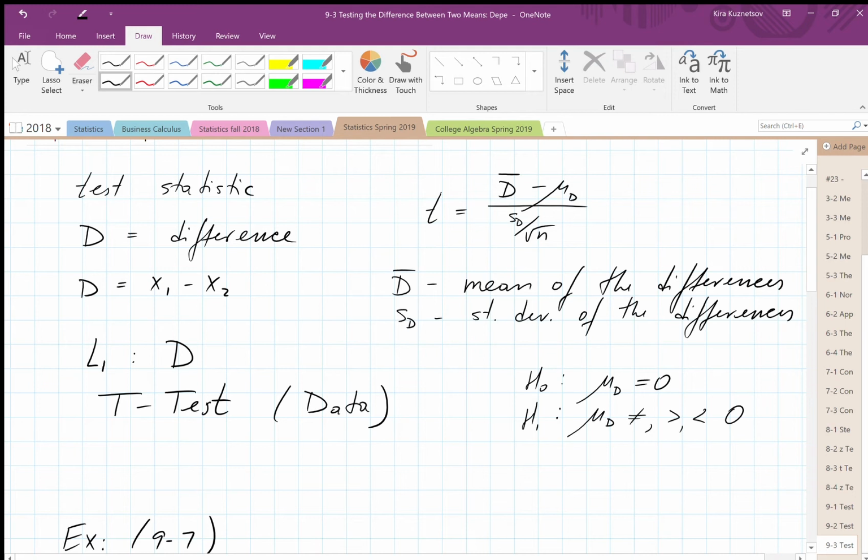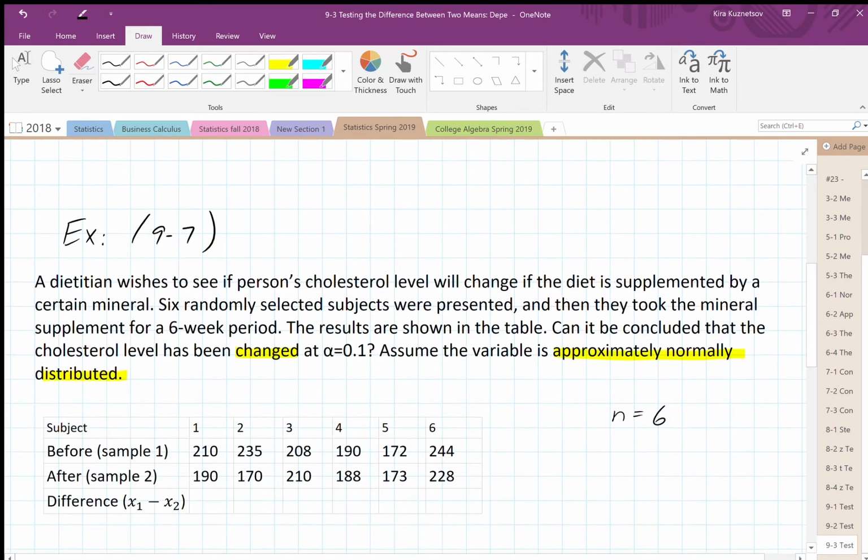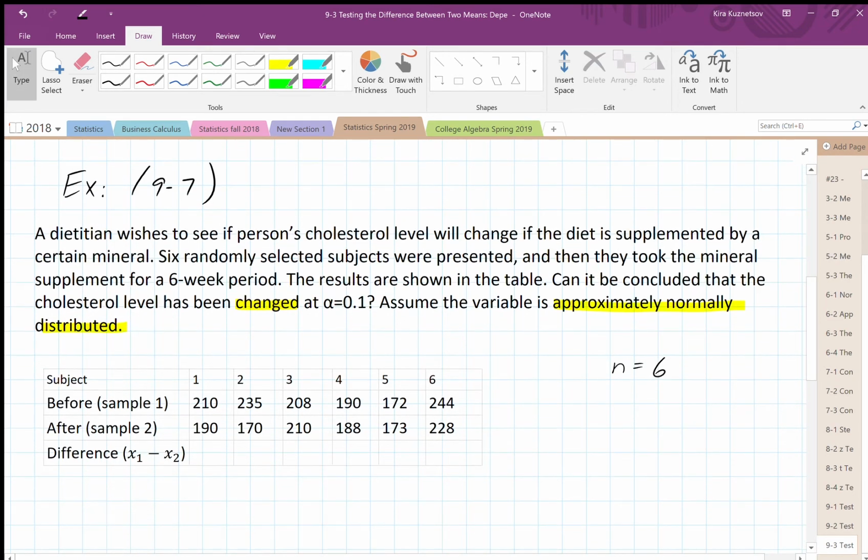So having mu sub d equal to 0 means that there is no difference between before and after, and the alternative hypothesis says there is a difference between before and after. So the word changed suggests that we are talking about a two-tailed test.